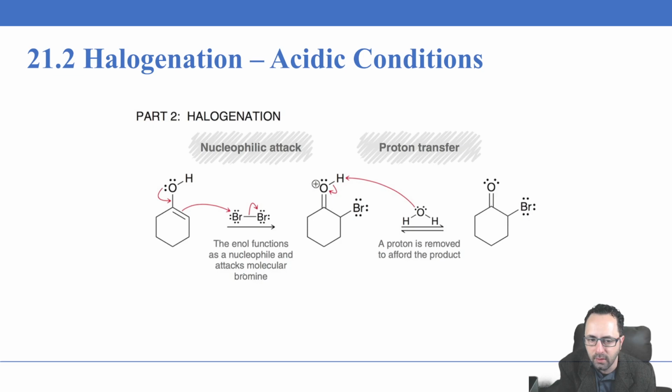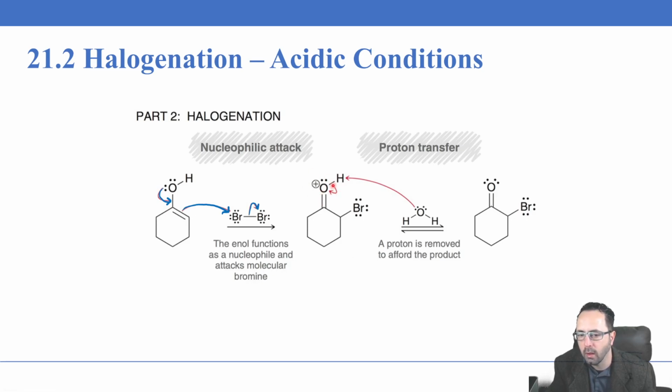However, simultaneously, we can draw a resonance arrow here between the oxygen and the carbon. So when this occurs and the enol attacks the bromine, and then we have a breaking of the bond to the bromine, simultaneously we have a carbocation being formed here, and we can draw a resonance arrow between a lone pair that is adjacent to a carbocation, and then we'd have the oxygen again with a double bond here and 2 lone pairs.